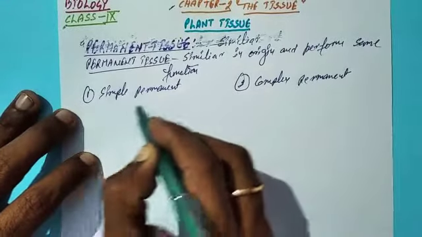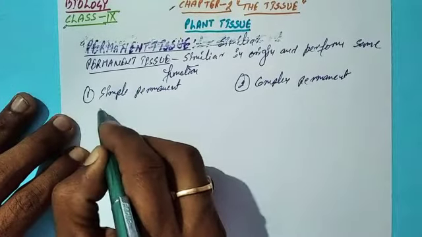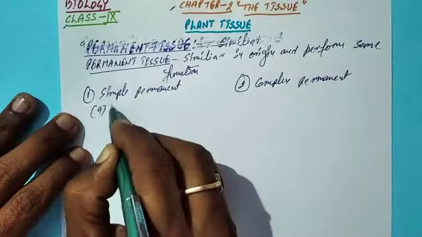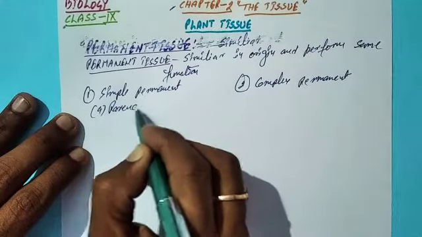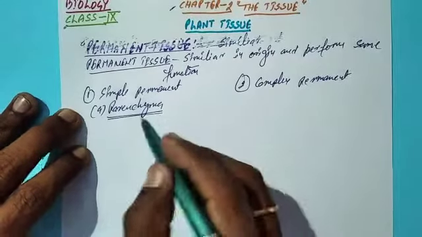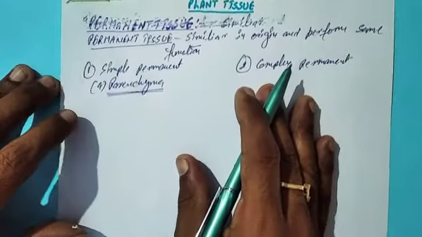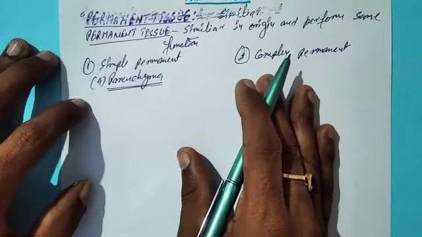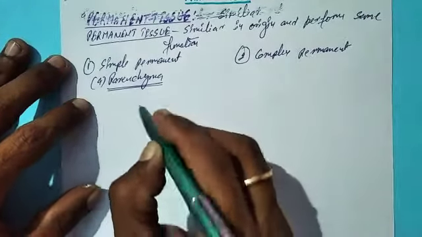Simple permanent tissue is again divided into three parts. First is parenchyma. So start with parenchyma. We can easily understand with the help of a simple diagram.